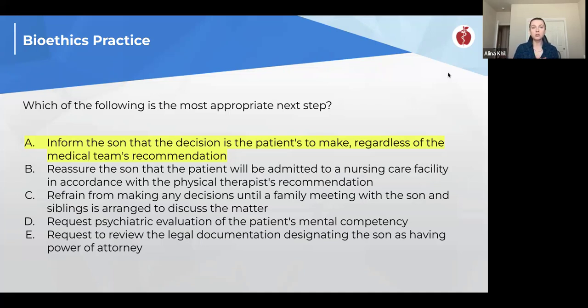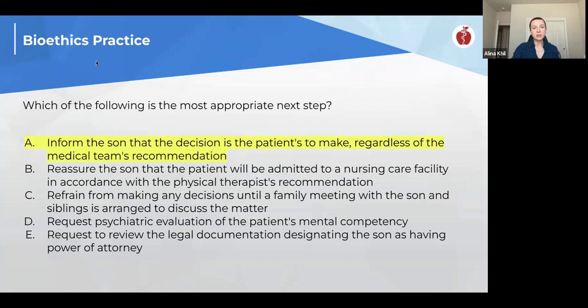So in order to decide whether the patient can make a decision for themselves, we need to assess what we call capacity. So we need to know, is this patient capable of making decisions for themselves? And if they can verbalize to you that they understand what you're telling them as a physician, they understand the recommendation, and they understand essentially the consequences of accepting or not accepting the recommendation, then that tells you that they do have capacity.